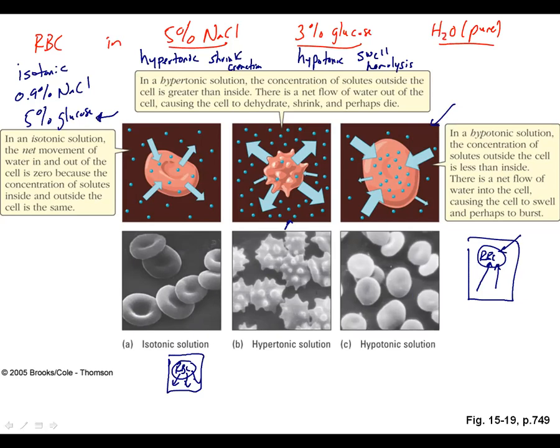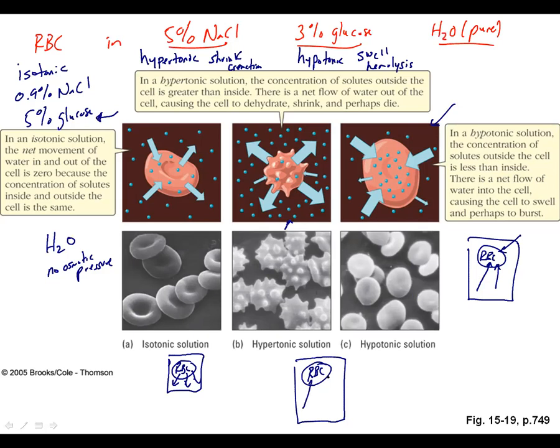And lastly, if we look at pure water, and that's sometimes a tricky question for a lot of people, people will sometimes go, oh, water can't hurt. But if you remember, we talked about pure water, and pure water has no osmotic pressure, which means, technically speaking, when you slap that red blood cell into pure water, the water on the outside is actually less concentrated than on the inside, and it's actually going to cause all the water to rush into the cell.